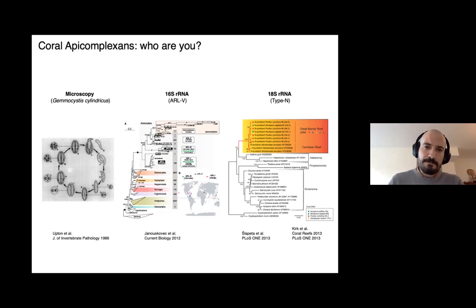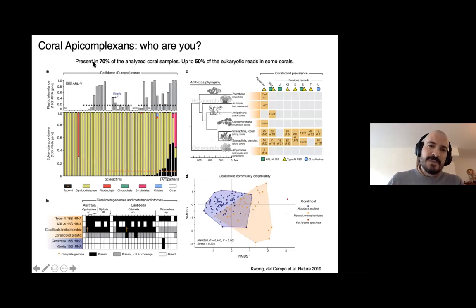Using 18S metabarcoding and anti-metazoan primers, we could determine that 70% of the analyzed coral samples contain these apicomplexans, and in some cases, up to 50% of the eukaryotic reads, including the algal symbiont Symbiodinium, belong to this apicomplexan.